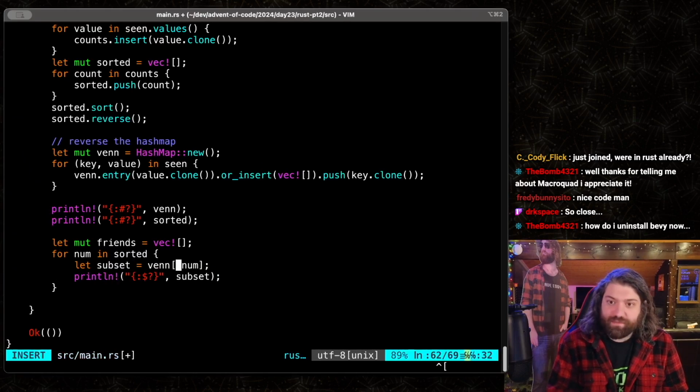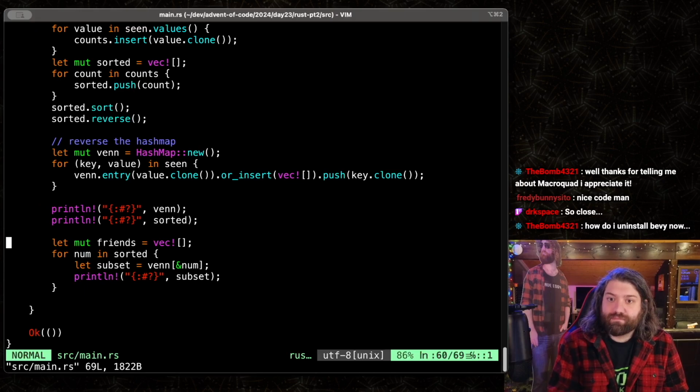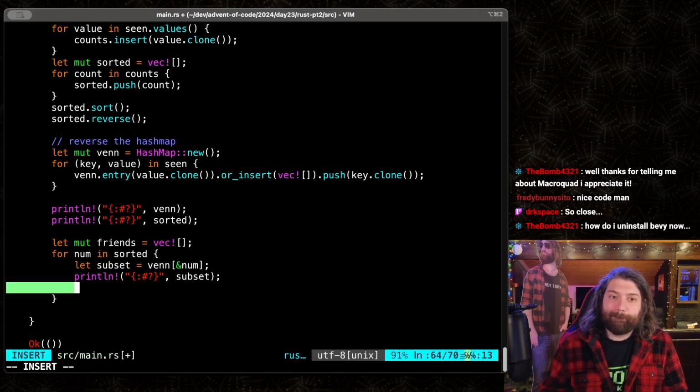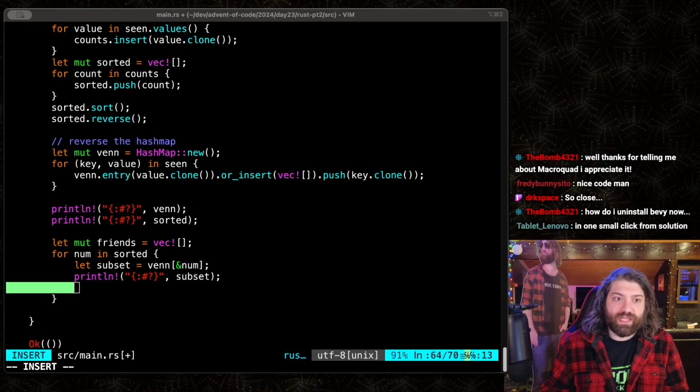I have to do this, really? How do you push a vec onto a vec in Rust? How do you concatenate them? There's append. Oh, there's also extend. Interesting. Oh, we just append it.